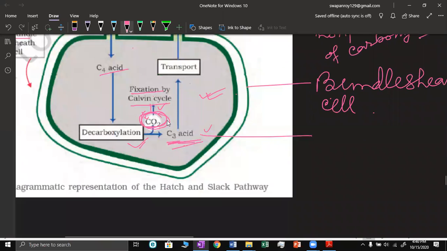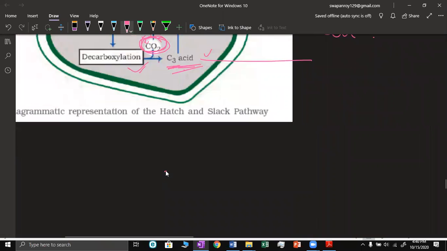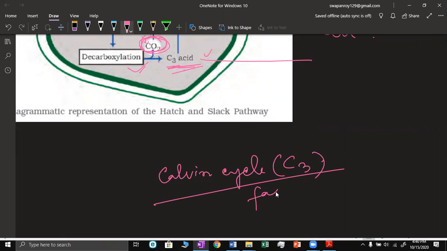Actual carbohydrate factory is Calvin cycle. Calvin cycle or C3 cycle is the factory where the carbohydrate is synthesized.